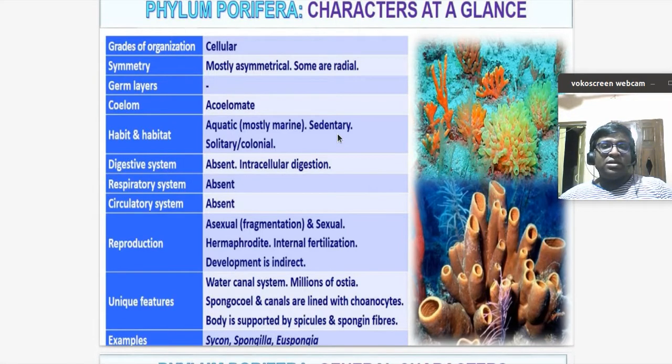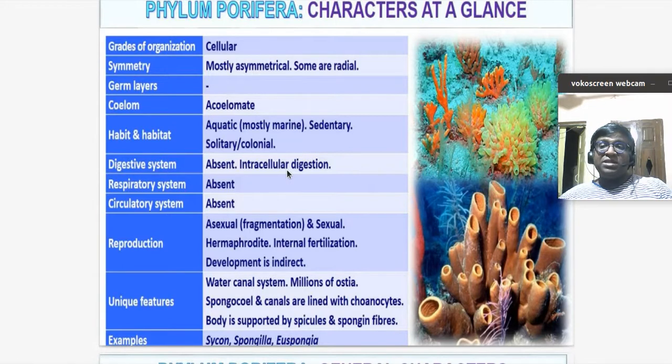The digestive system in case of Porifera is absent, so they have intracellular digestion. Within the cell they undergo digestion because they have a cellular grade of organization. It is a very primitive type of organization, so you can't expect a digestive system in poriferans.